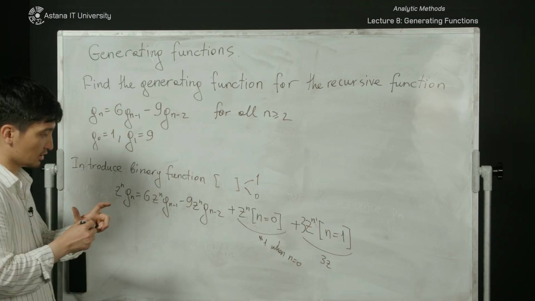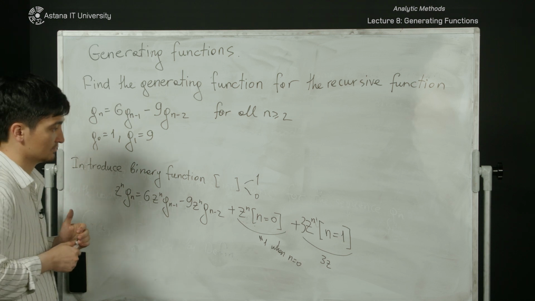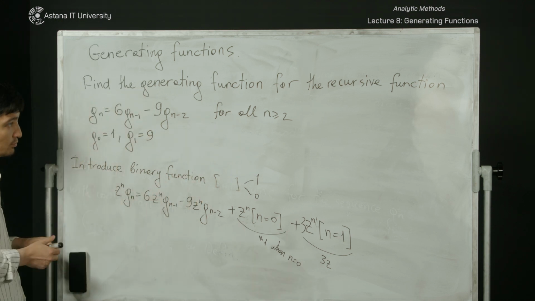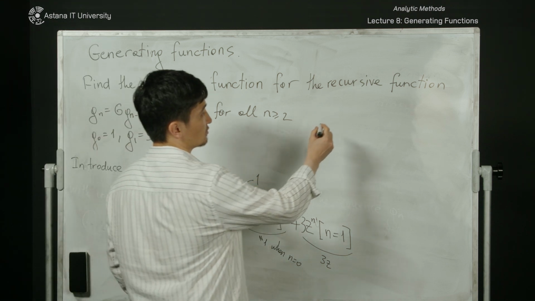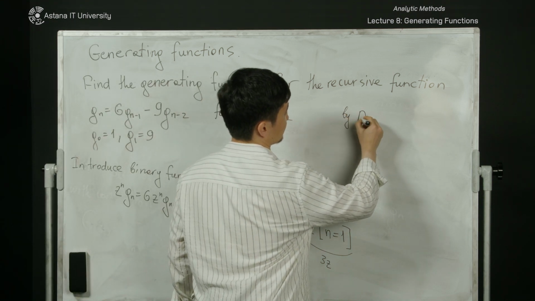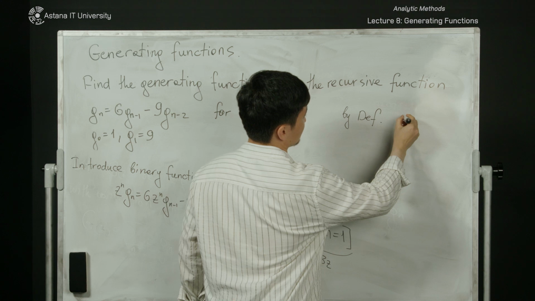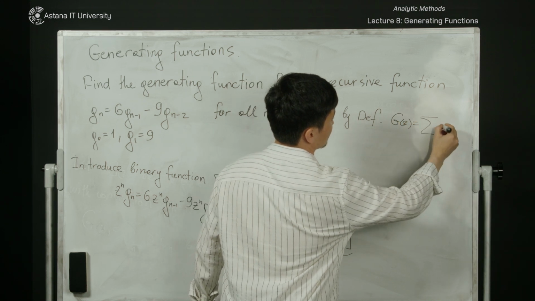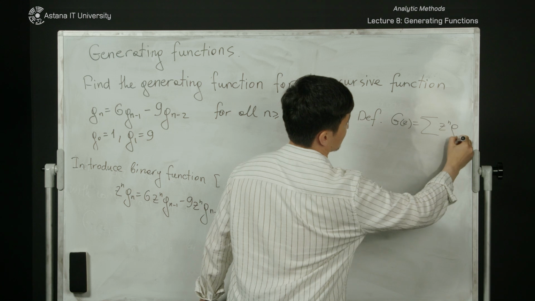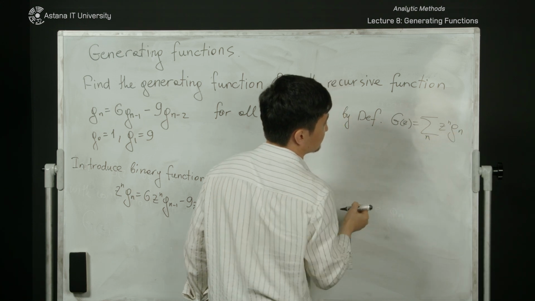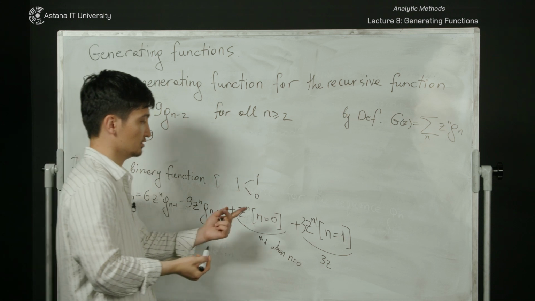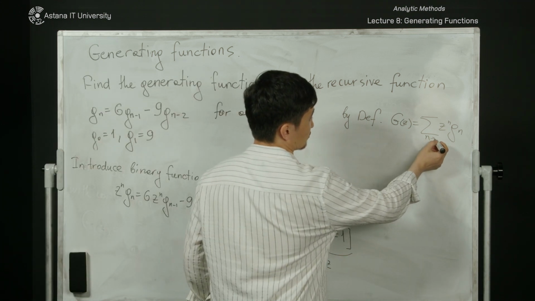And now we're ready to find the generating function. So remember, by definition, the generating function is given like this, right? Now we have incorporated all the values of n, and over here we should say n greater or equal than 0.